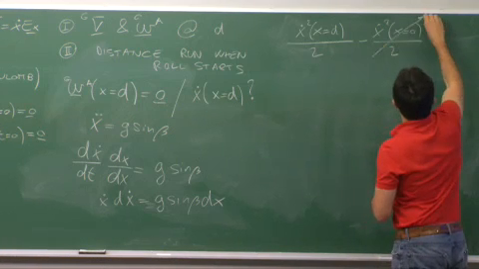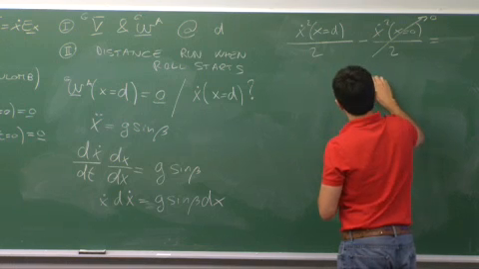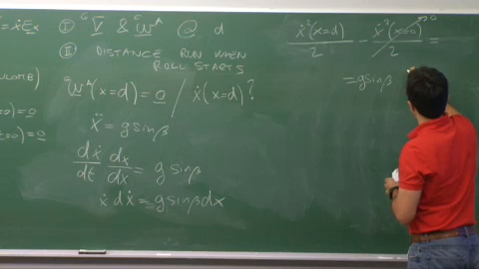And this is equal to g sine beta times x, evaluated at d minus g sine beta times 0.